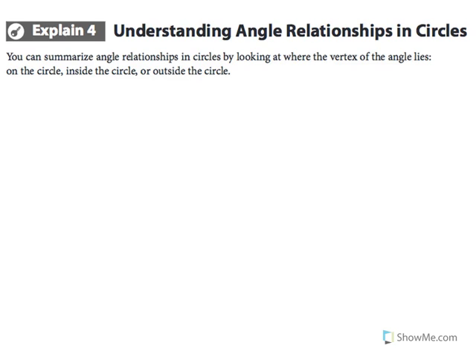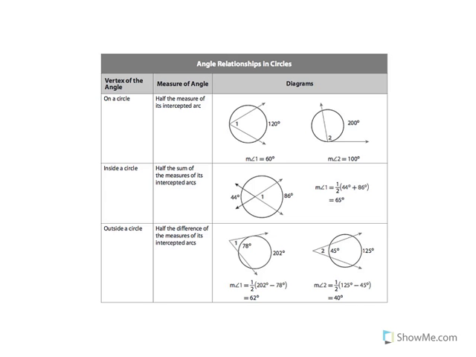You can summarize angle relationships in circles by looking at where the vertex of the angle lies: on the circle, inside the circle, or outside the circle. Here is a summary. If it's on the circle, angle 1 is half of this arc, and angle 2 is also half of that arc.